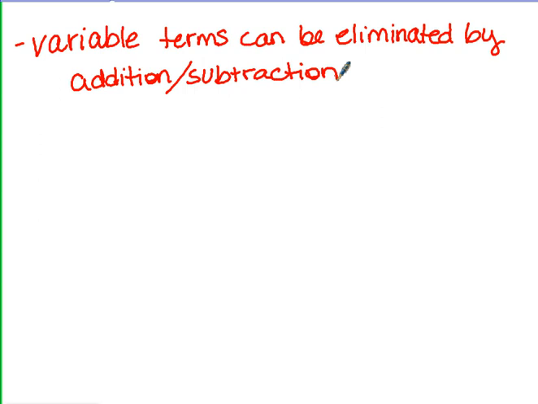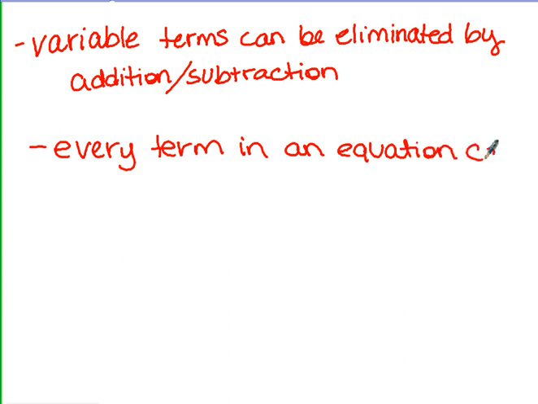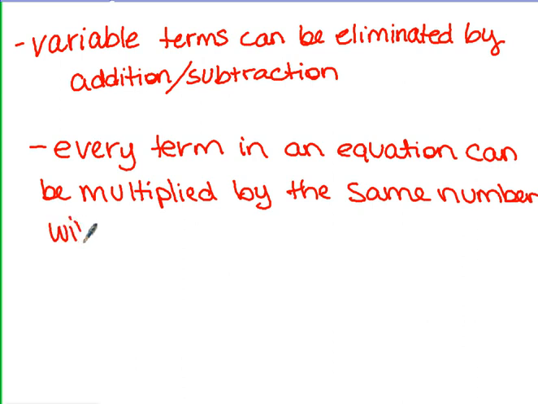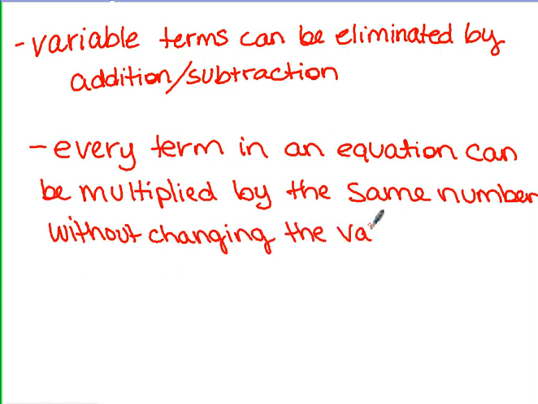What happens if we don't have like coefficients? Well, keep in mind that every term in an equation can be multiplied by the same number without changing the value of the equation.